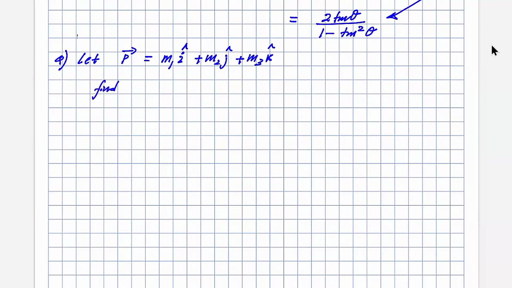Find P dot P, and P dot i hat, j hat, P dot j hat j hat. Simple question.